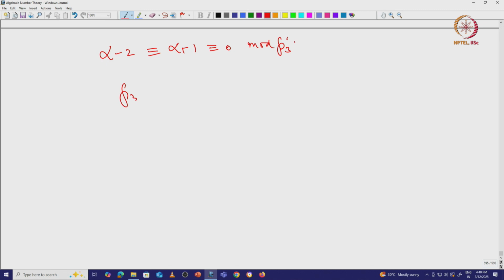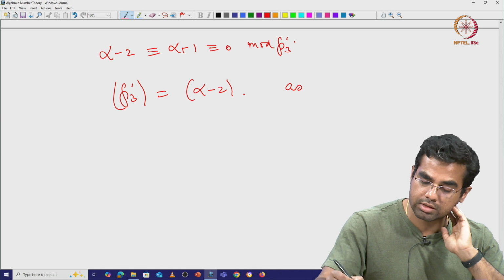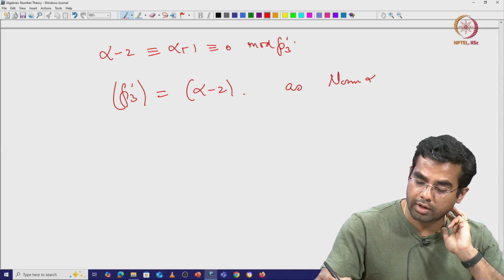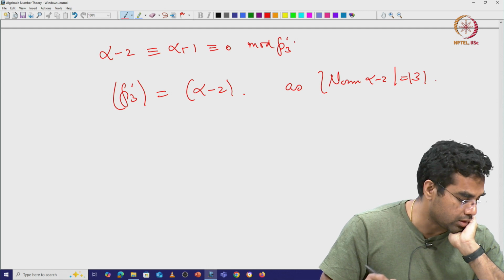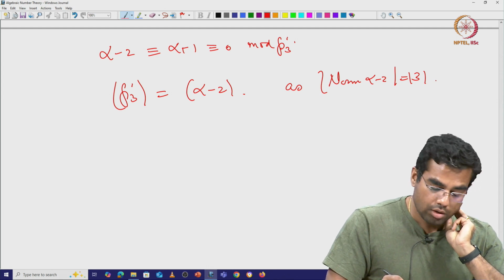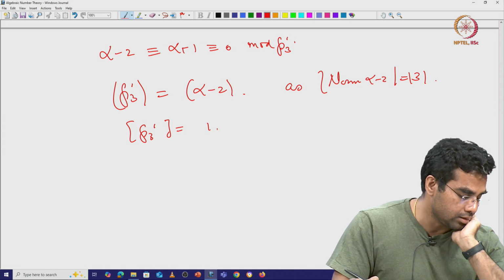And so, P3 prime is the ideal generated by alpha minus 2, because the norm of alpha minus 2 is the same as mod 3. So, P3 prime has class 1.